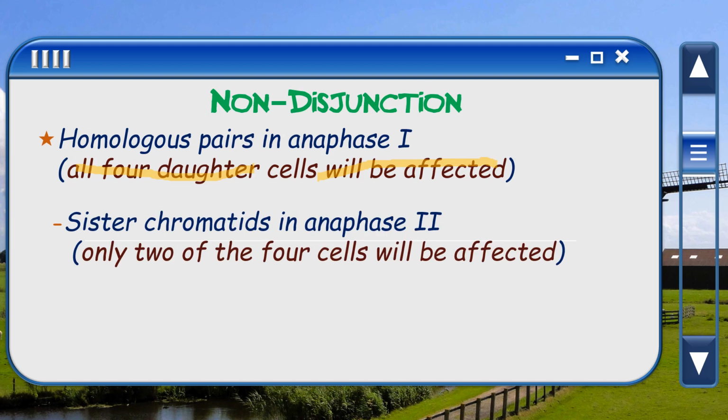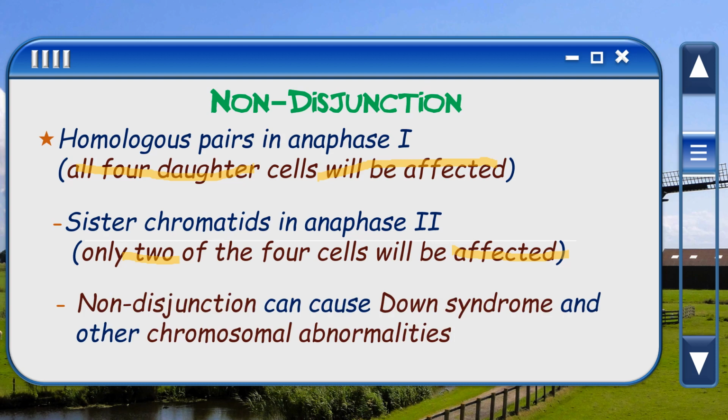If sister chromatids in anaphase 2 fail to separate, only 2 of the 4 cells will be affected, because that one is taking place in anaphase 2, whereby we are separating the sister chromatids. If one of the sister chromatids fails to separate, it will not affect all 4 cells. It will only affect 2 cells.